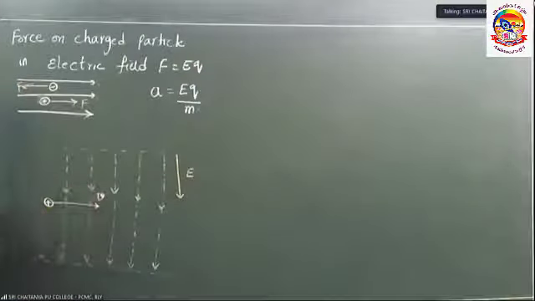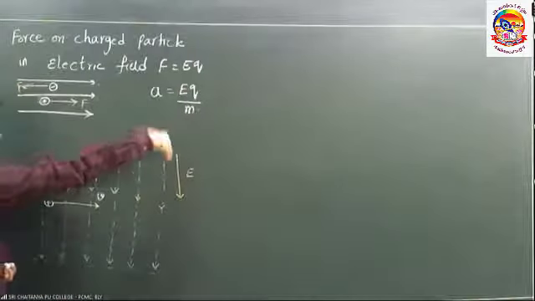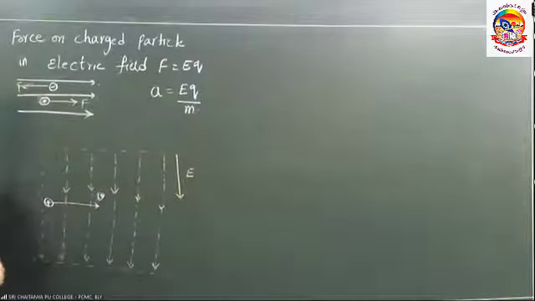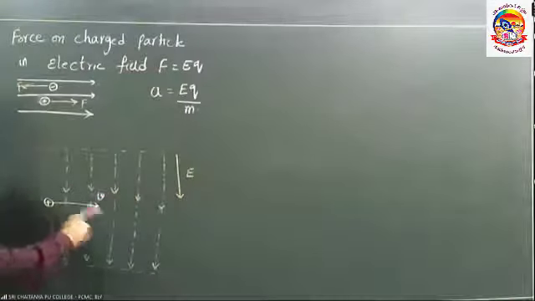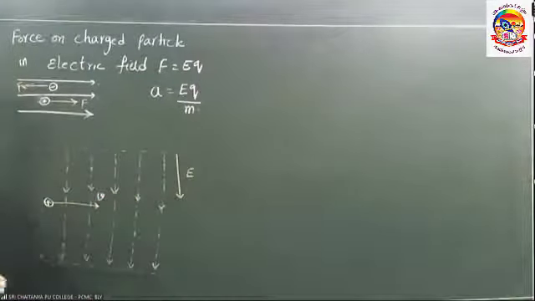Horizontally, with a horizontal velocity v. Right? How does it behave? This is our question. How does it move? Does it move vertically, or horizontally, or does it take any other path?